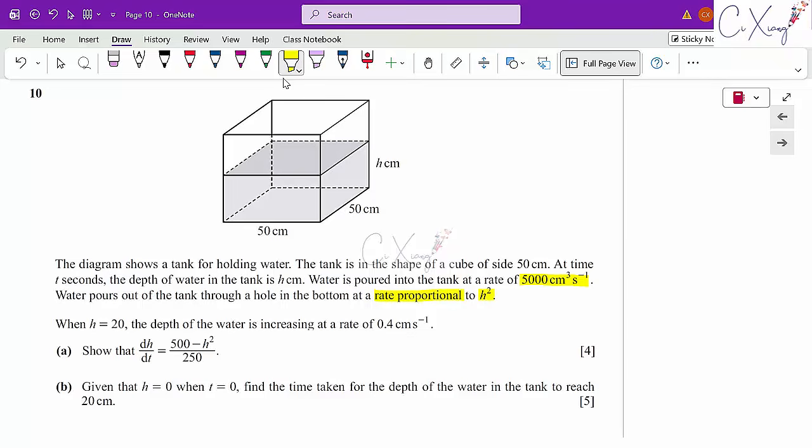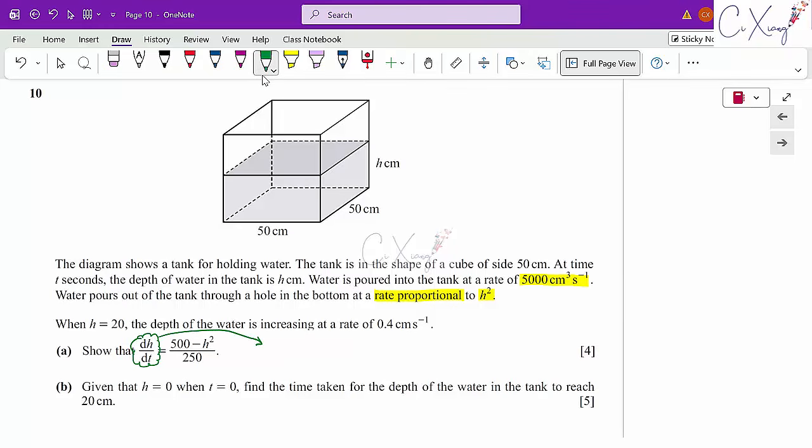Alright, so for this question, they said when h equals to 20, the depth of the water is increasing at the rate of 0.4. Then what they want us to find here is they want us to show that dh dt is equals to this particular value. Alright, okay, so first of all, we need to know how we can get the dh dt when we are having something that's related to the rate of change.